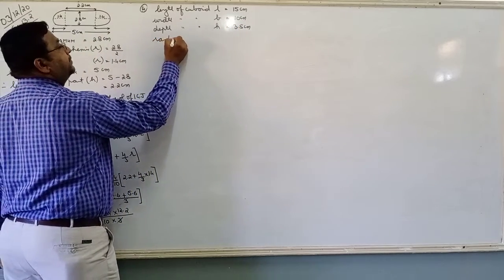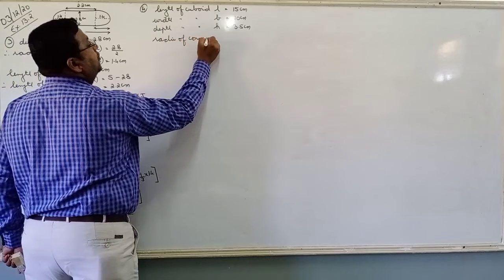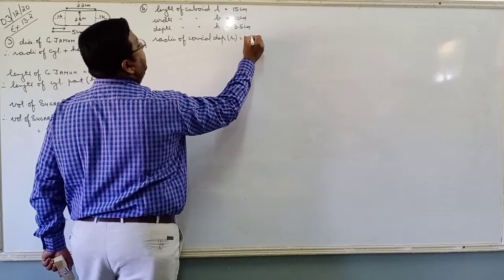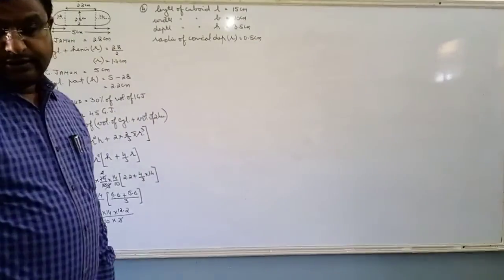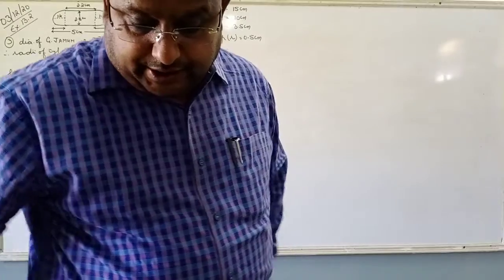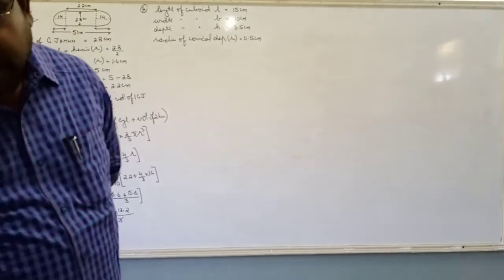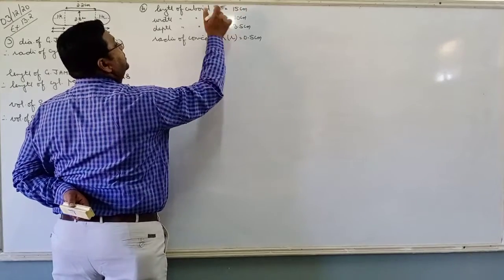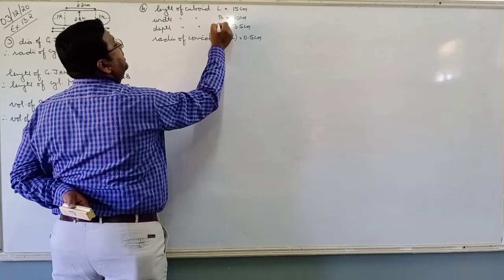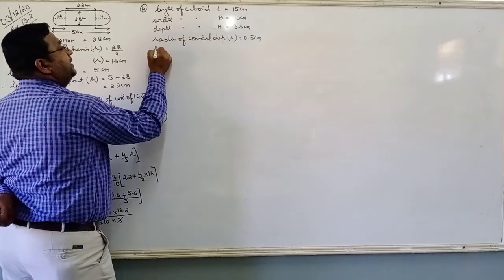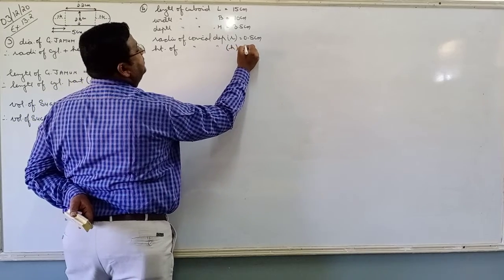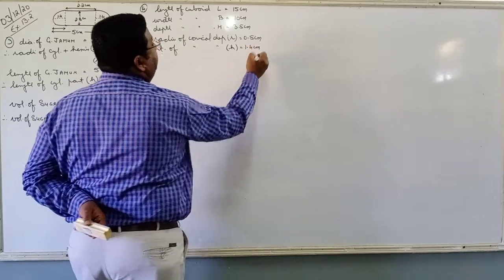Radius of conical depression small r is equals to 0.5 centimeter and height is equals to 1.4 centimeter. Yes? So I will name them as capital L, B and H. Height of conical depression small h is equals to 1.4 centimeter.